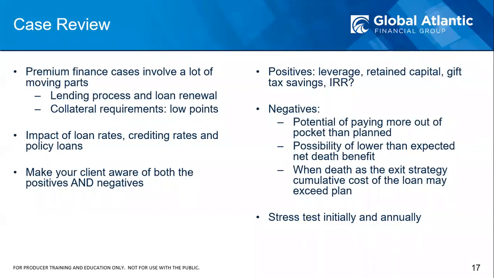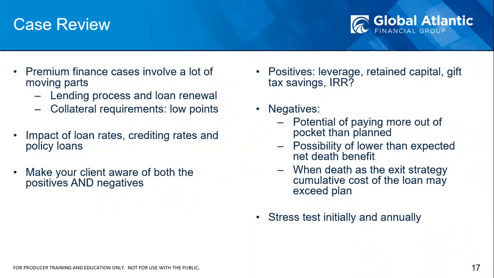Crediting rates on the policy, if you get a flat rate, 0% credit, obviously that means lower cash surrender value, less increase in the death benefit, more collateral requirements. Make them understand that. And also, if you're taking a policy loan on the contract, you take a large policy loan to pay back the lender. Obviously, you're putting stress on that policy by utilizing that loan.